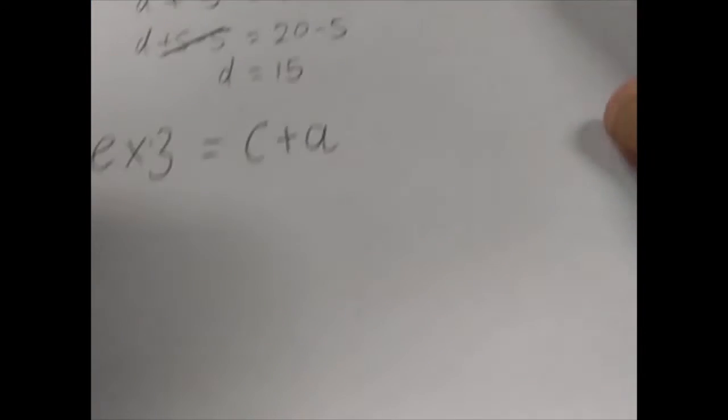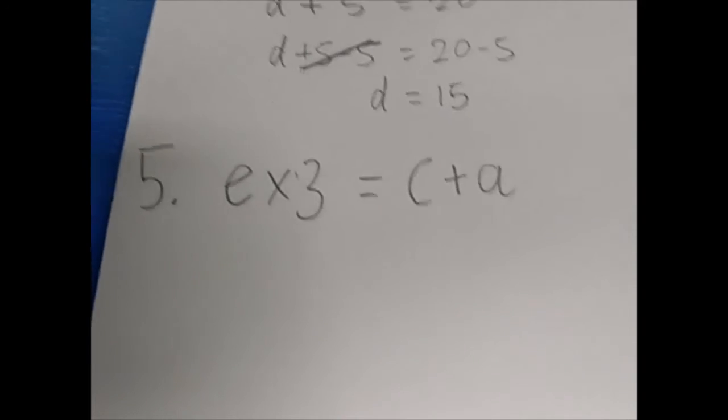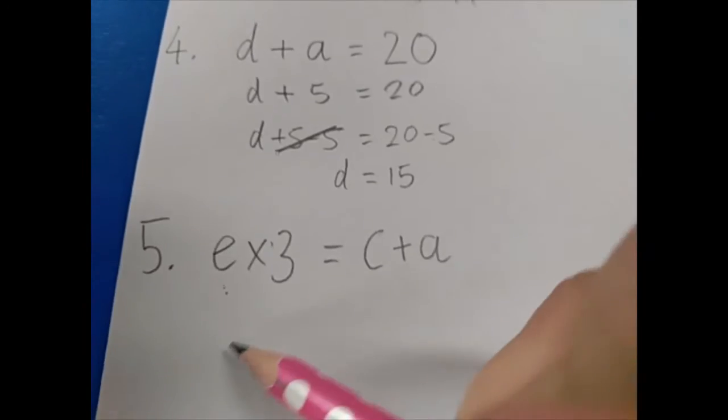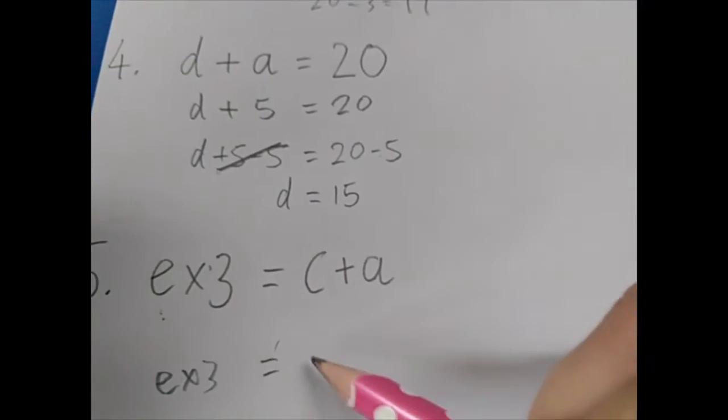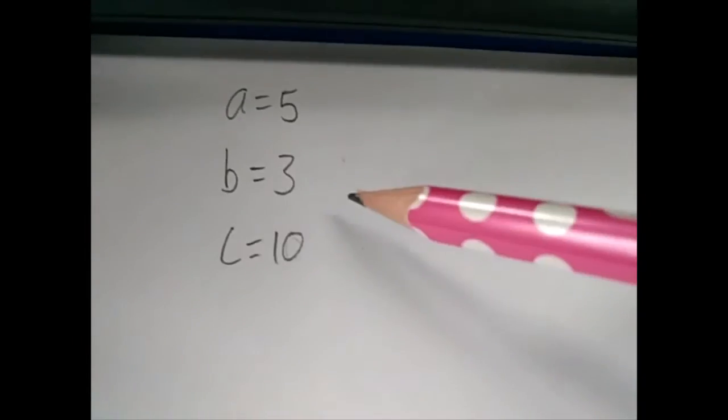All right, last one. This time we've got our unknown E. So E times 3 equals C plus A. C and A, we're still using these over here.